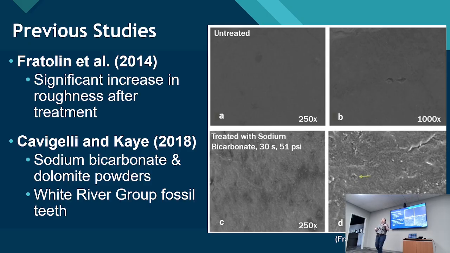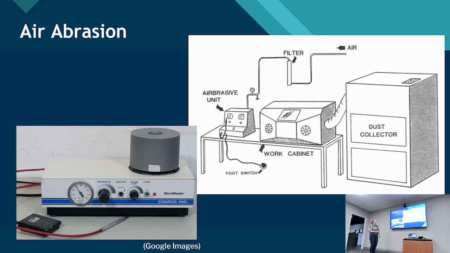They used a very fancy machine to measure the roughness, and I'm not going to even try to explain the machine because it's over my head, but all you need to know is that dentists have studied this as well. And then some paleontologists have also looked at how air abrasion with baking soda and dolomite powder can affect fossil teeth as well. However, their study was a lot more qualitative. Mine ends up being a lot more quantitative, and we will dive into that now.